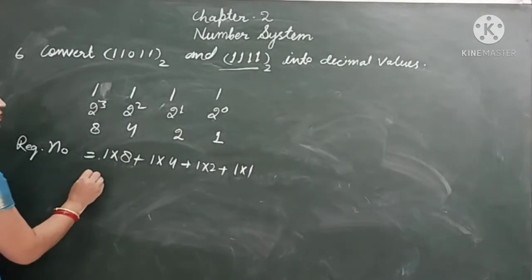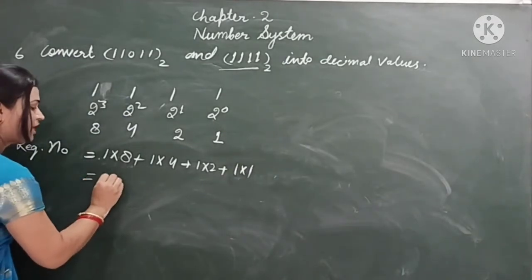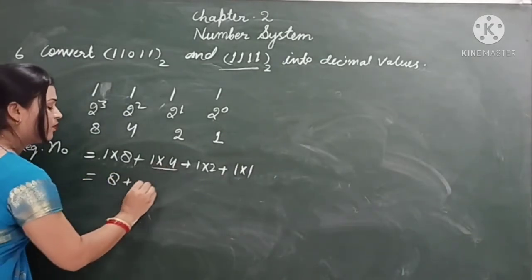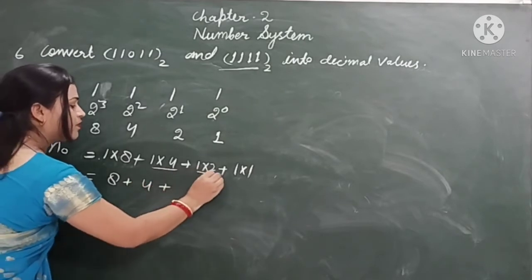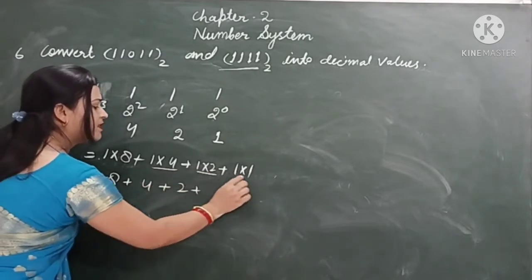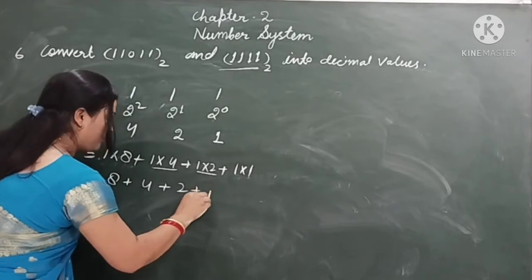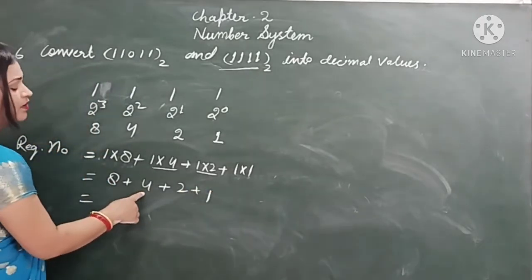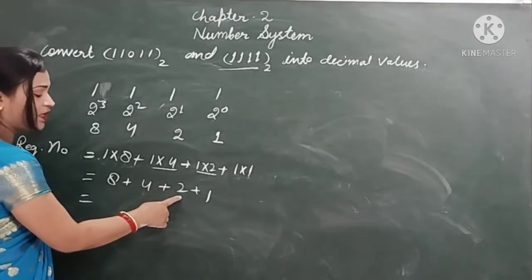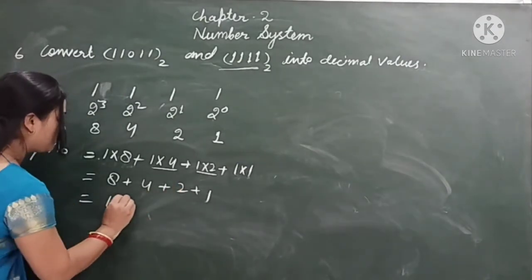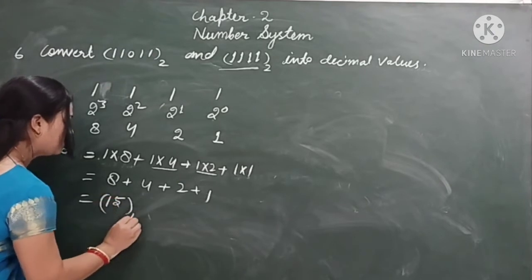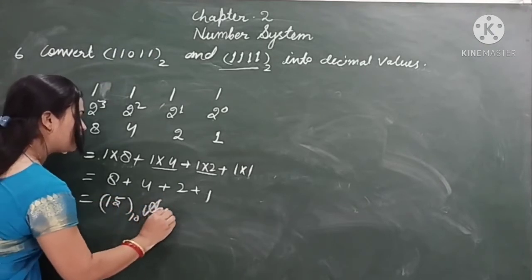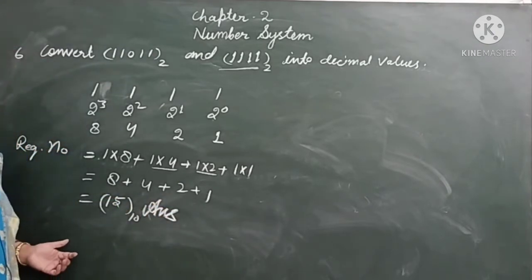So it is equal to 8 plus 4 plus 2 plus 1. Add all these: 8 plus 4, 12, 12 plus 2, 14, plus 1, 15. So the answer is 15 base 10. This is our answer.